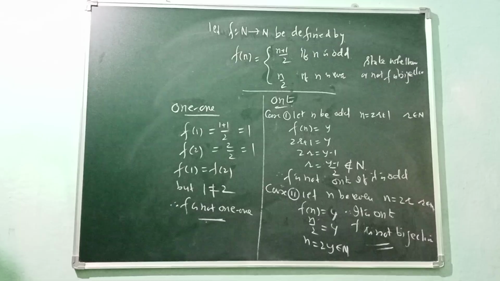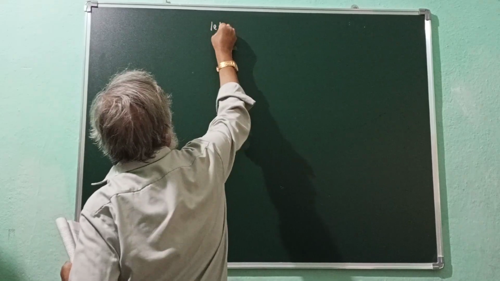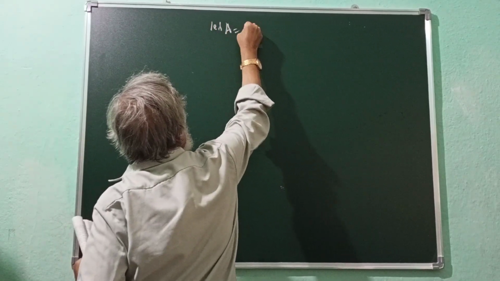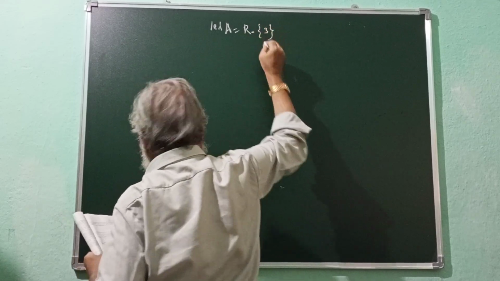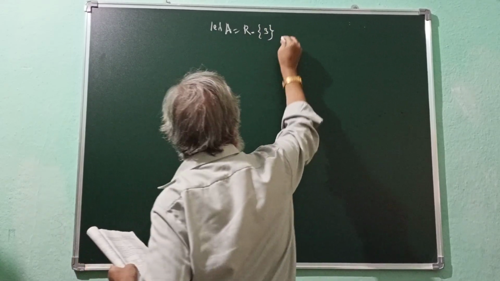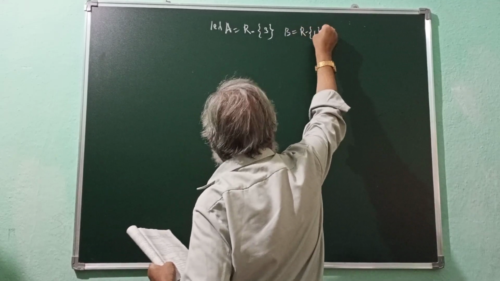Next problem. Let A is equal to R minus 3, B is equal to R minus 1.